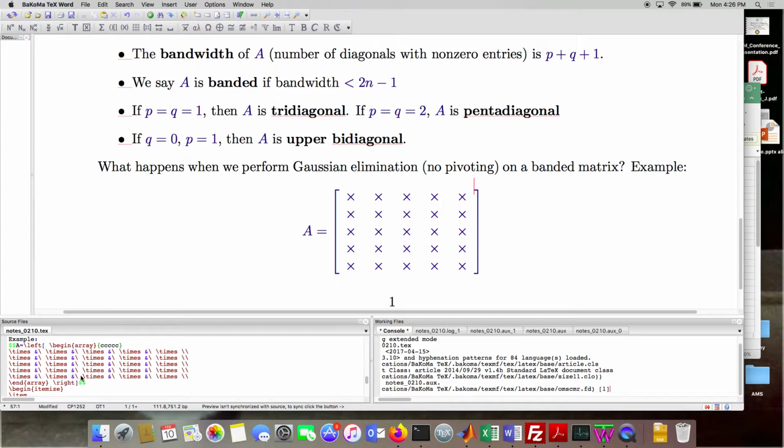Okay, so this is our original A, but I want to make it banded. So I'll give it an upper bandwidth of 2 and a lower bandwidth of 1. So I need to make some 0 entries here.